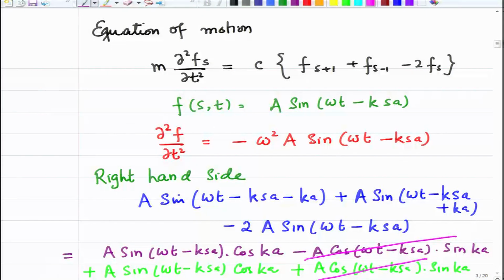So, let us see how it works out. I will go to the next page. So, I am looking for the solution. Let me rewrite this.